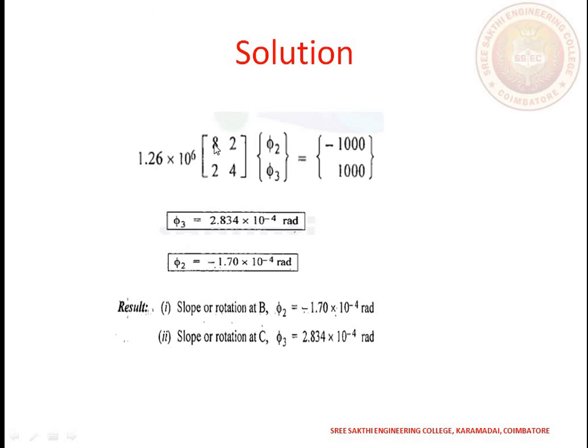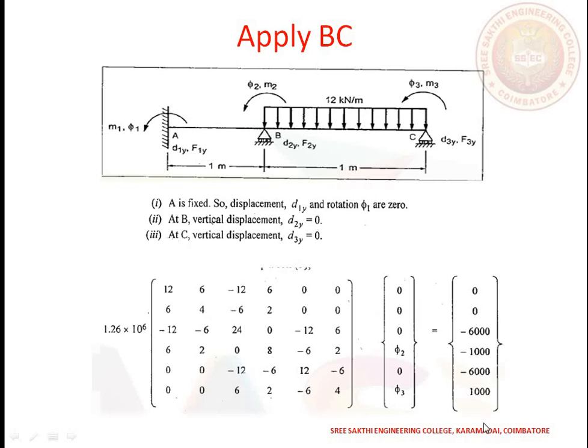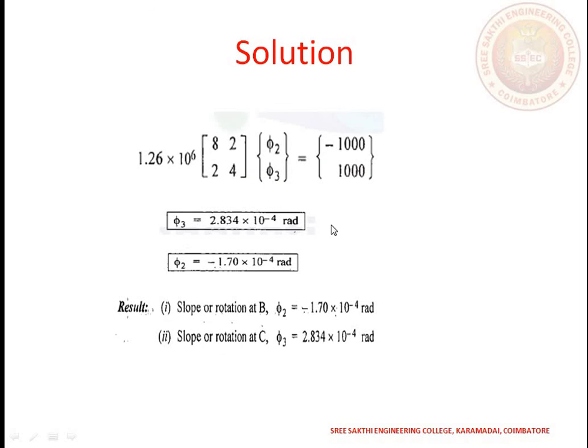So 1.26 times the matrix 8, 2, 2, 4, with phi 2 and phi 3, is equal to minus 1000 and plus 1000. Now you can write the equation. After writing the equation, you solve it and we get phi 3 equal to 2.834 into 10 power minus 4 radian. Similarly phi 2 is equal to minus 1.70 into 10 power minus 4 radian.